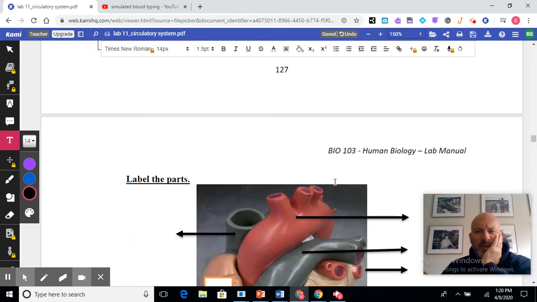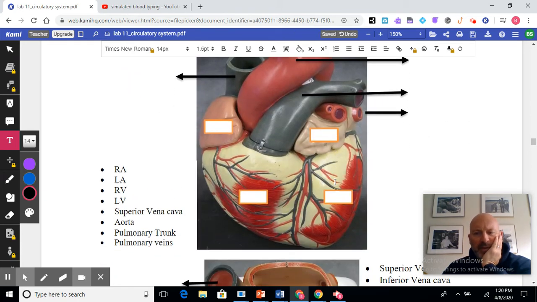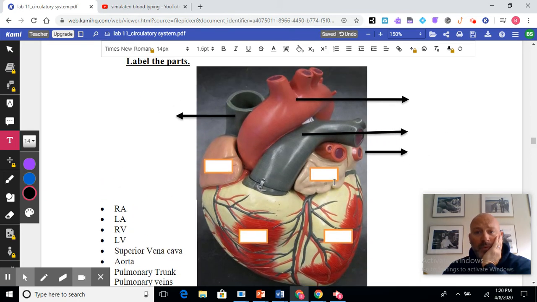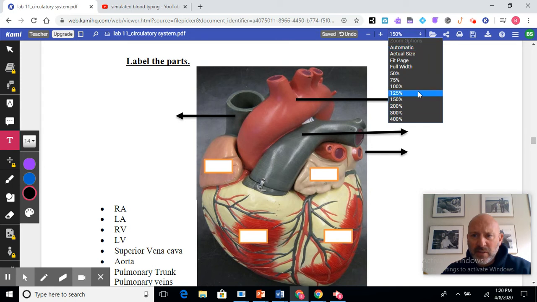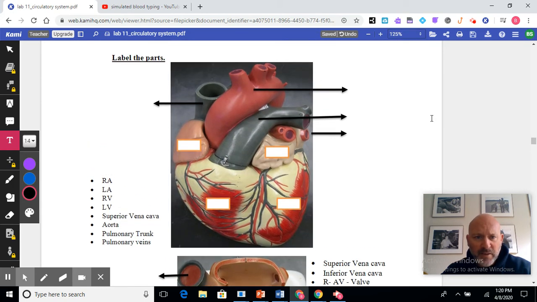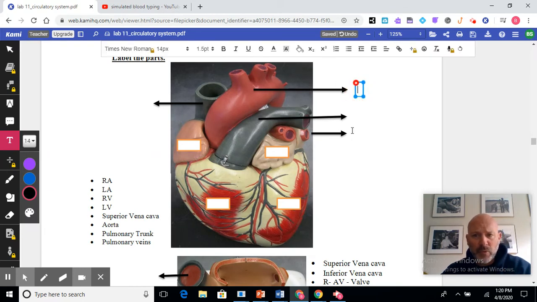So this is a nice practice page for labeling all the different components here. Let's reduce the size here. All right. Why don't we go starting from the top? We'll go down. We'll go clockwise.